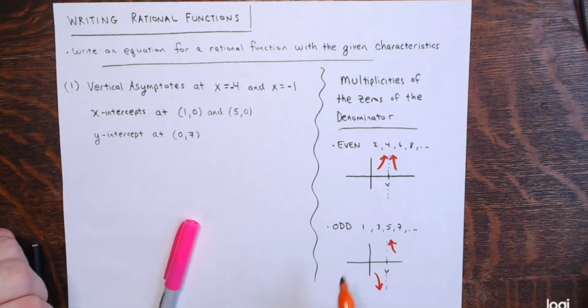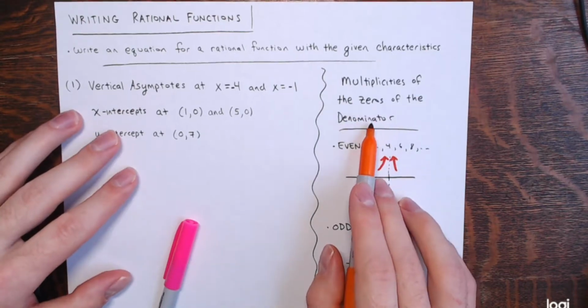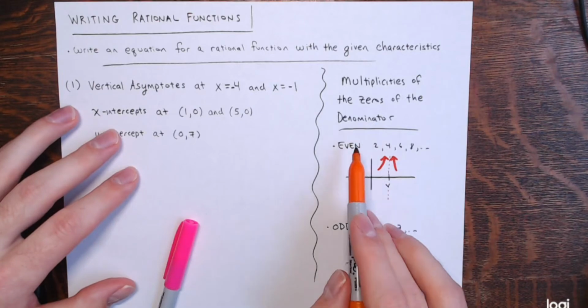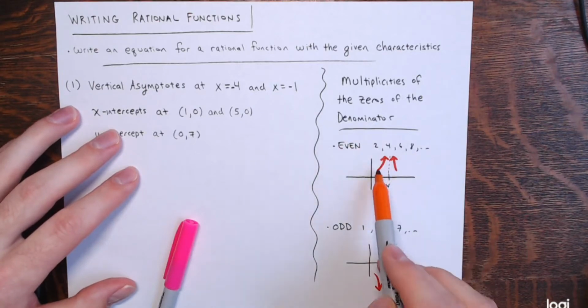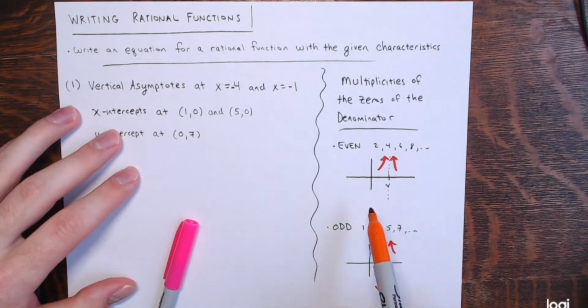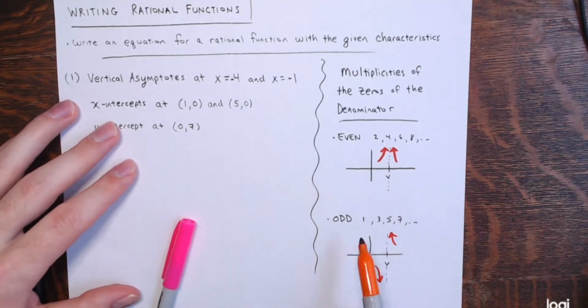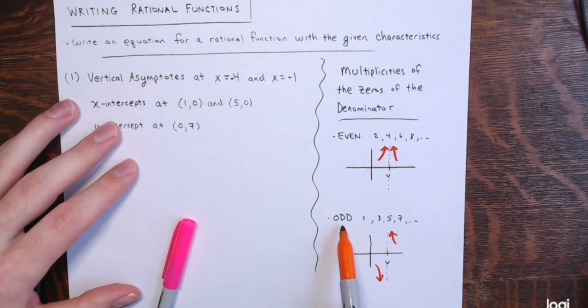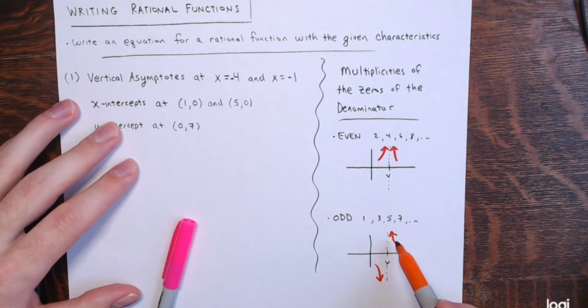So if something makes the denominator 0 but not the numerator, and it has an even multiplicity, the graph will be going in the same direction, either both to infinity or both to negative infinity on either side of that asymptote. And if a number makes the denominator 0 but not the numerator, and it has an odd multiplicity, then the graph is going to be going in opposite directions on either side of the asymptote.